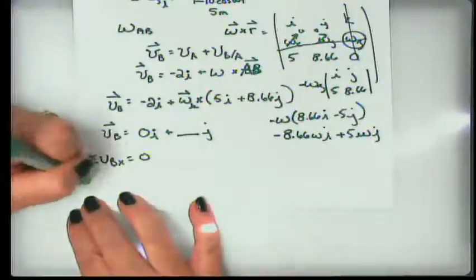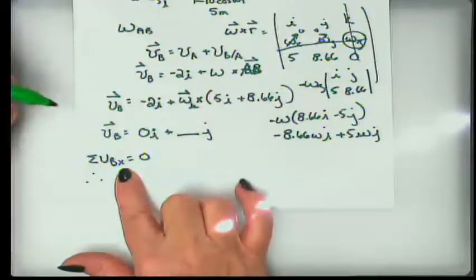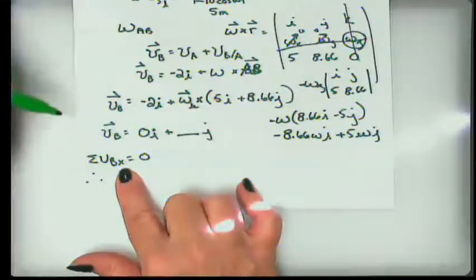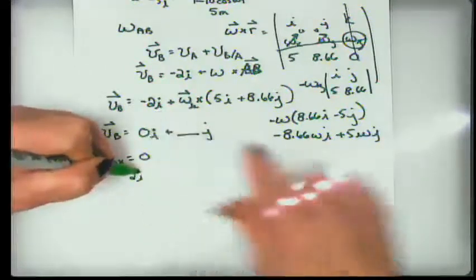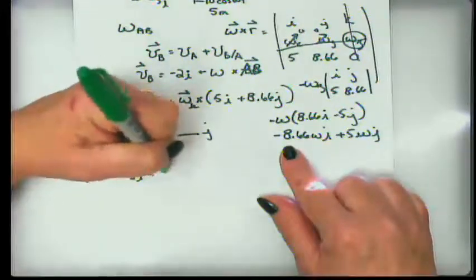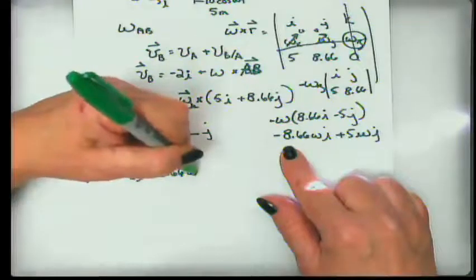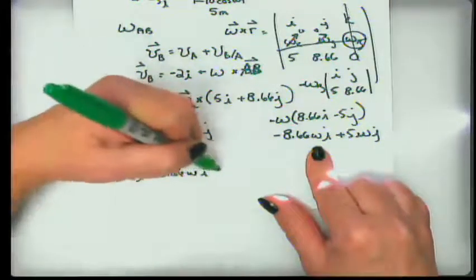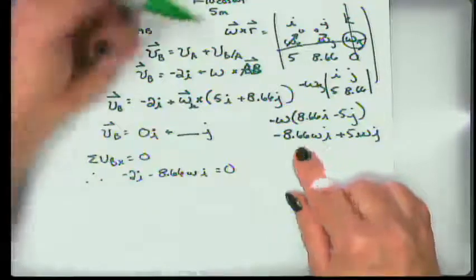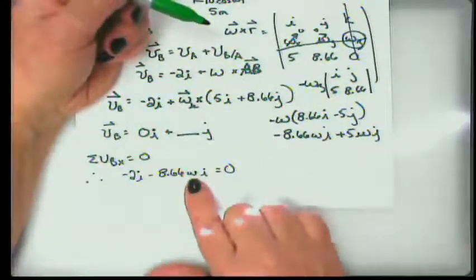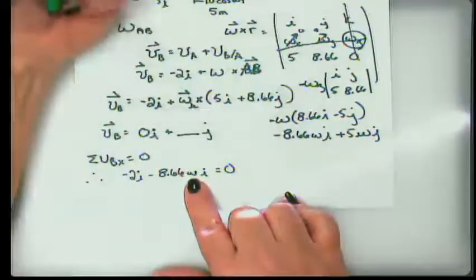So then I can just look at that piece of the equation, and I can say negative 2I minus 8.66 omega I. I'm just doing that to make sure that I'm talking about the I direction.